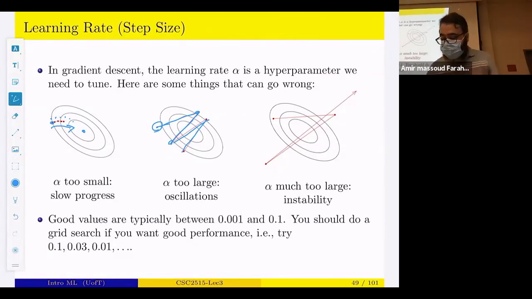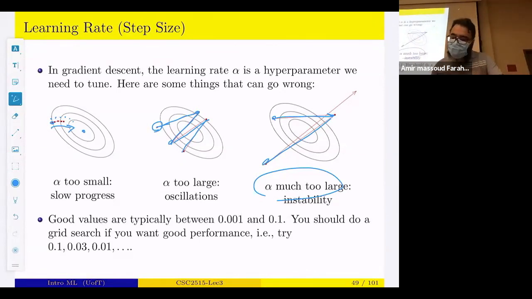Another case is that if alpha is too large, we might observe in some cases that the sequence of weights is divergent. So they don't even oscillate, but they just become larger and larger. So this again depends on the size of alpha. And this can be analyzed, like what range alpha would be stable for one particular cost or not.